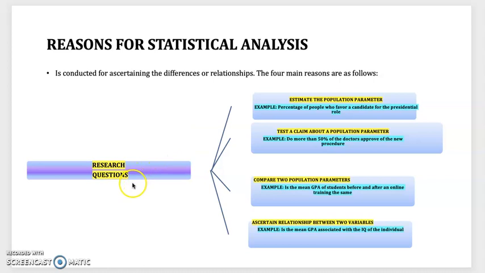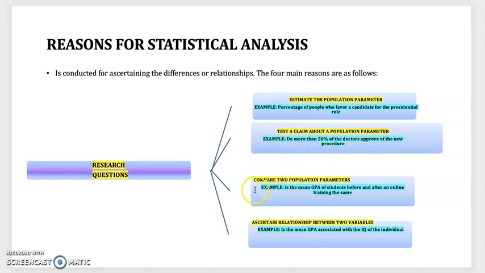When you have a research question, you will estimate a population parameter, such as the percentage of people who favor a candidate for president. Or you will test a claim about a population parameter, for example, whether more than 50% of doctors approve of the new procedure.